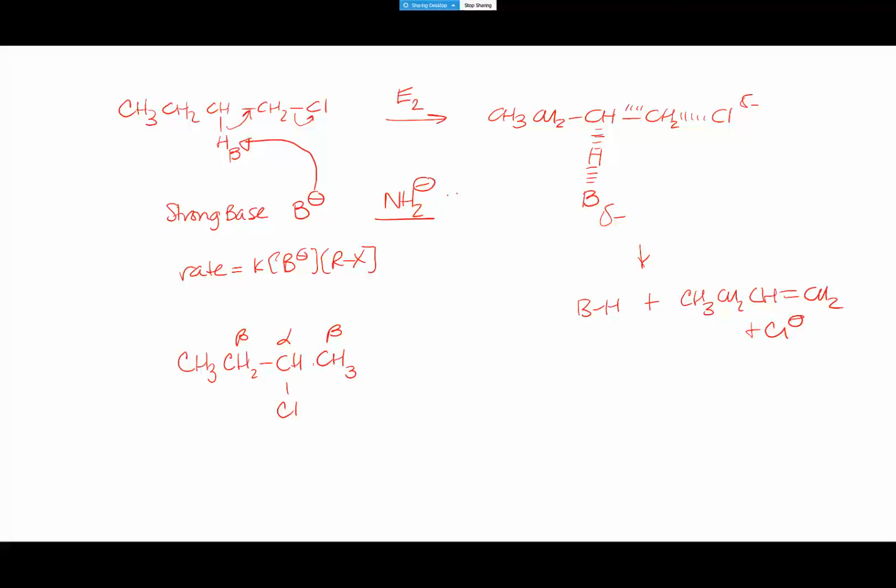So this is a small strong base that is a non-nucleophile. So if I react NH2 minus with my 1-chlorobutane, it's going to do E2. It's not going to do SN2. So that's one tack I can use, is to find a base that is strong but not nucleophilic. Now that's a unique one. NH2 minus is unique.